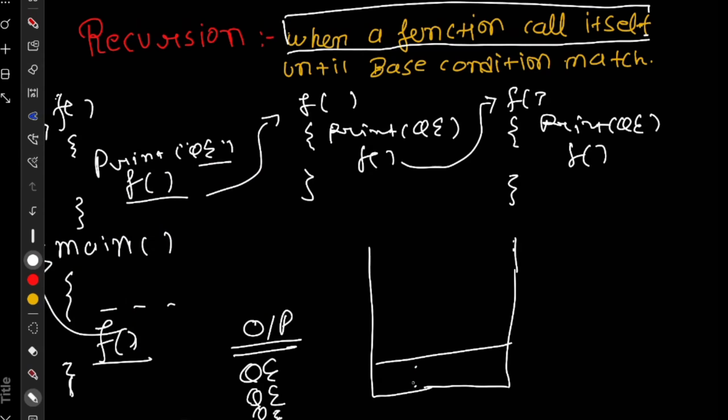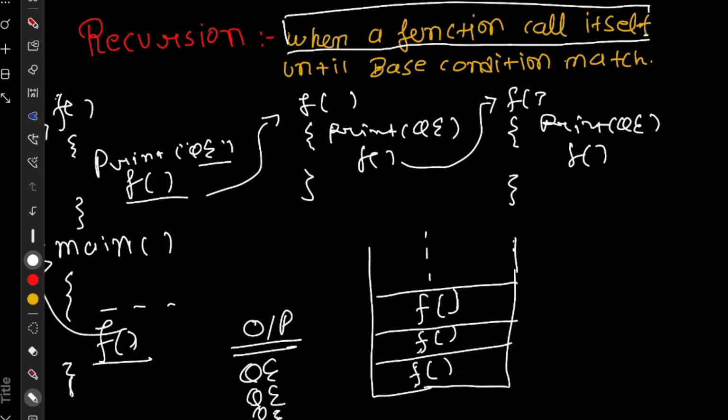So the first time the function is called it is stored like that, the second time it is stored again, and the third time repeats this. After some time, when all the memory locations are occupied, it will automatically stop.